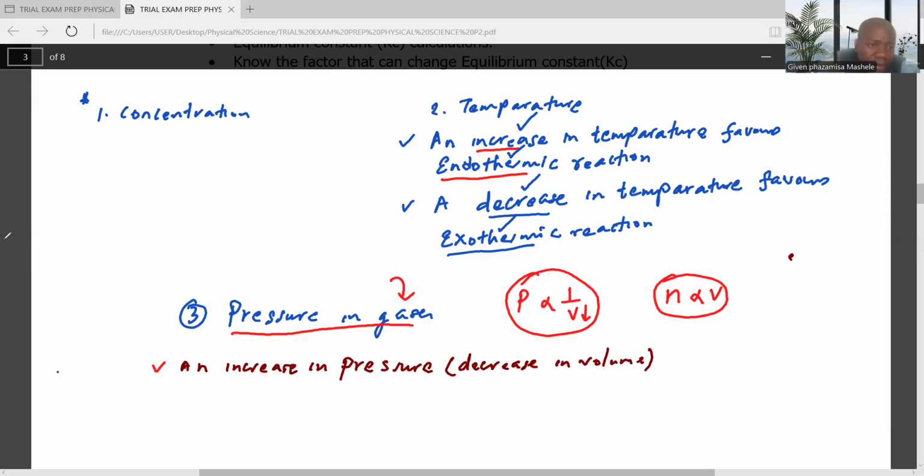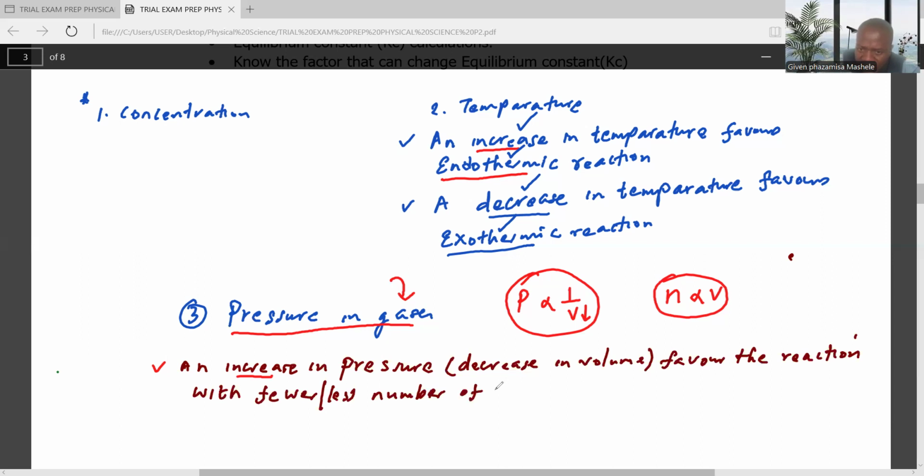An increase in pressure, ladies and gentlemen, always favors the reaction with fewer or less number of moles.